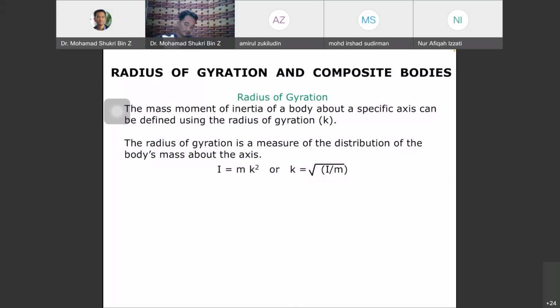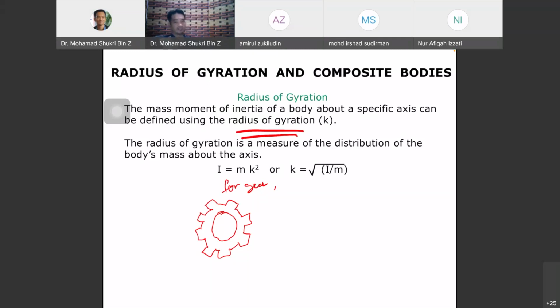For a gear, there is no standard mass moment of inertia, so they will give you the radius of gyration, with units K. So the mass moment of inertia for a certain object, let's say the gear, is I equals m k squared.